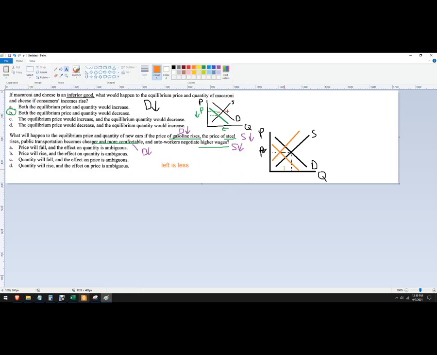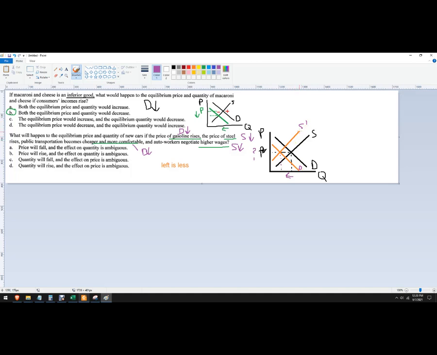So there's going to be a decrease. You can take a purple one here, and we absolutely can say that there's going to be a decrease in the quantity. What we don't know is the price. The reason we don't know that is because we don't know which effect is going to be bigger, the demand effect or the supply effect.